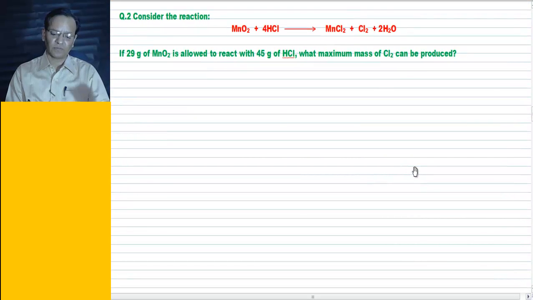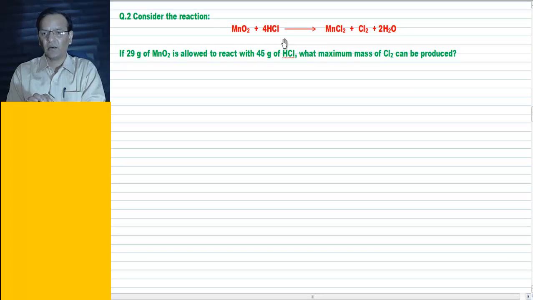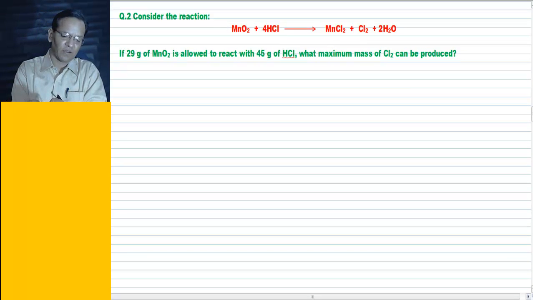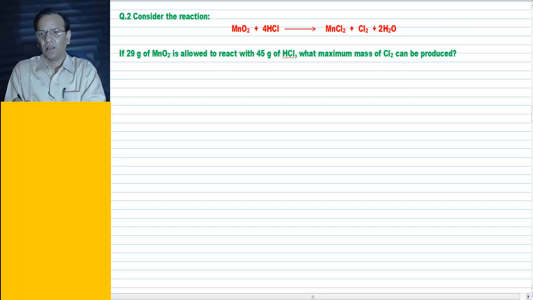The question is, manganese dioxide is reacting with hydrochloric acid, giving MnCl2, chlorine and water. The question is that if 29 gram of manganese dioxide is allowed to react with 45 gram of HCl, what maximum mass of chlorine can be produced?